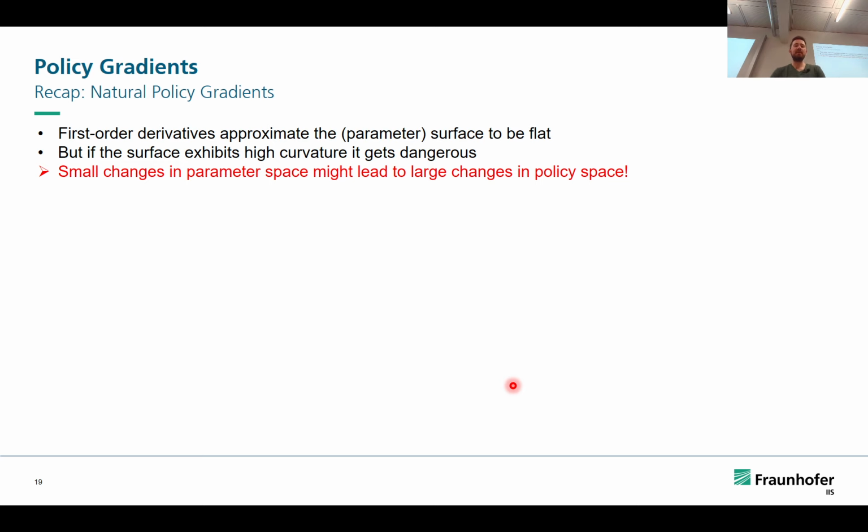But this is typically not the case. And so it might be that if we do a small change in our parameter landscape, we actually might have a big change in our policy landscape. And this usually makes training very unstable.